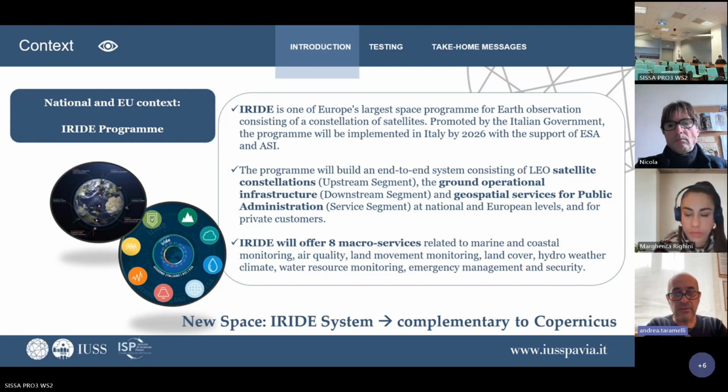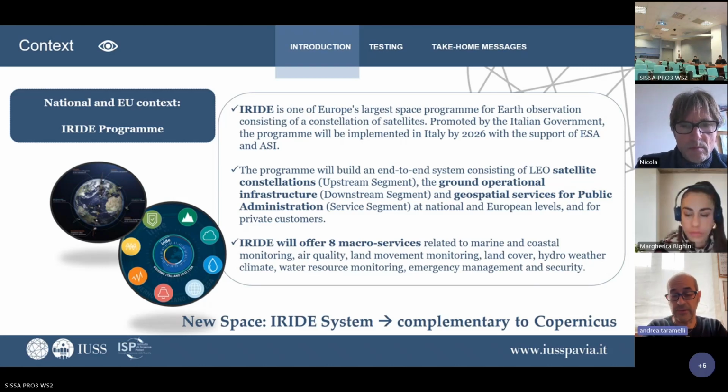This is the key part that we have started to study with this project, because at national level there has never existed a ground operational infrastructure that allows, for example, national civil protection and environmental monitoring and protection systems to process this data in two major insight types.